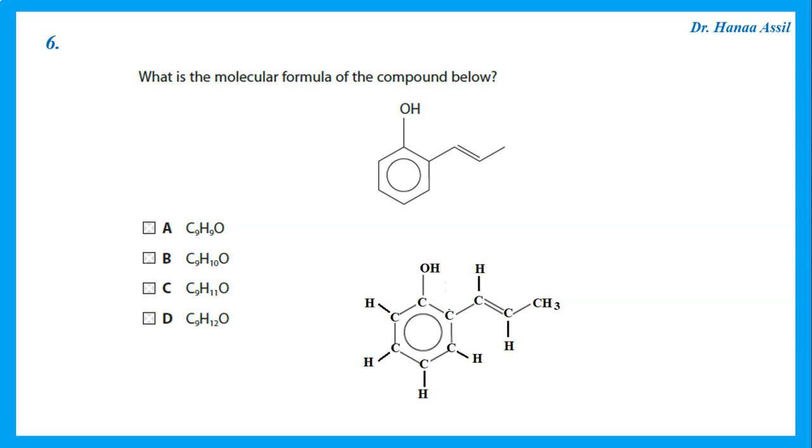So if there is something else on it, then that replaces the hydrogen. So this is the structure that is drawn, and then we can count the number of carbons, hydrogens and oxygens. You will find that the molecular formula of the compound is C9H10O.